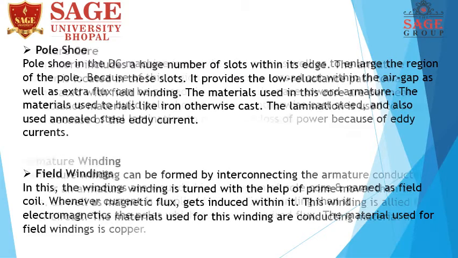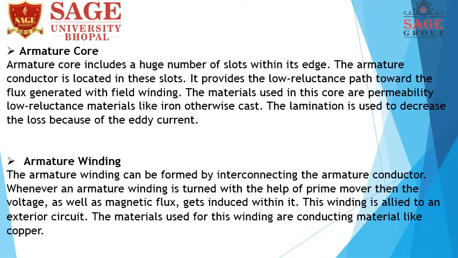Now the armature core. The armature core includes a huge number of slots on its edge, and the armature conductors are located in these slots. It provides a low reluctance path to the flux generated by the field winding.